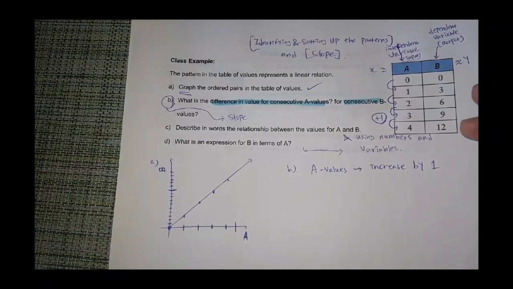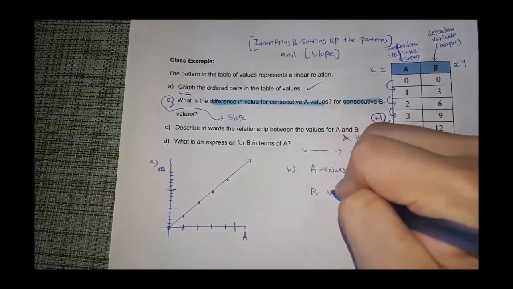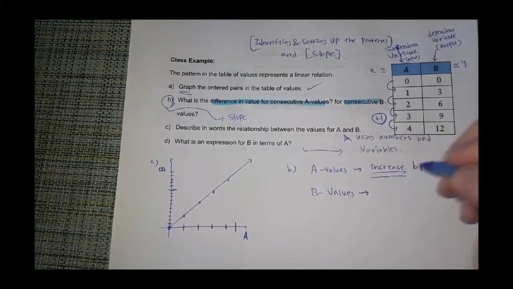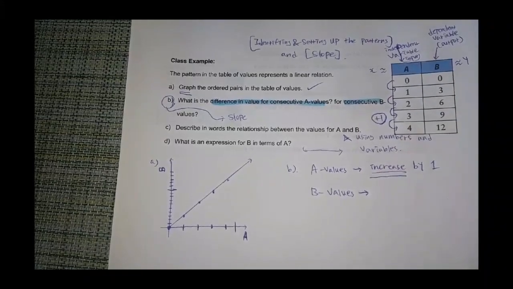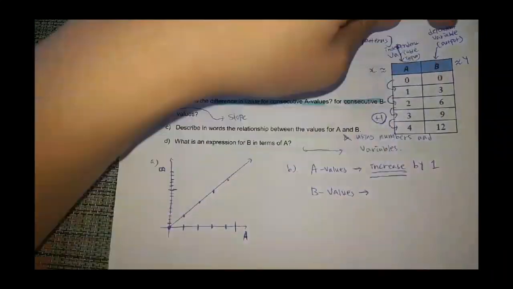Similar to yesterday, except yesterday we had more of a fill-in-the-blank fashion when we answered this pattern, but now we have no guideline. It's our job to figure it out. When it comes to B values, first of all, we need to think, is that increasing or decreasing? 0, 3, 6, 9, 12, as you may notice, it's increasing numbers.